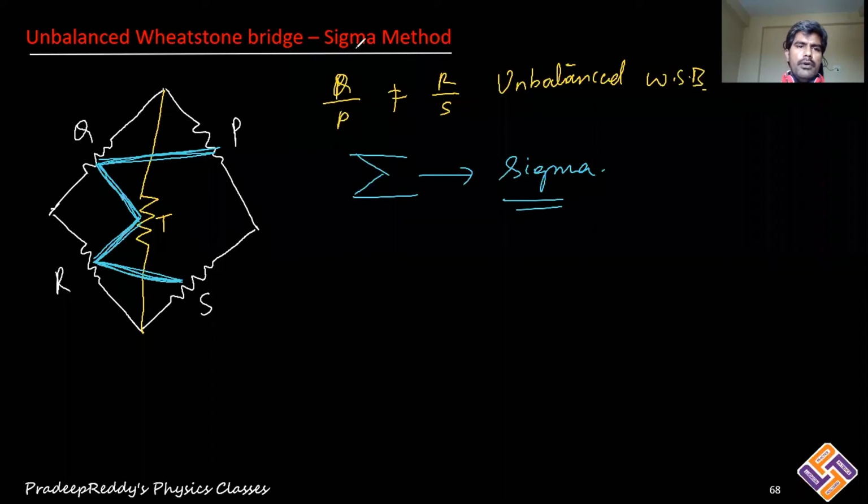So what did I do? Using this P, Q, T, R and S, I have just drawn one resistor line. Start from the first resistor, PQ.